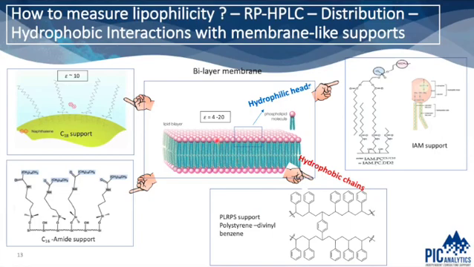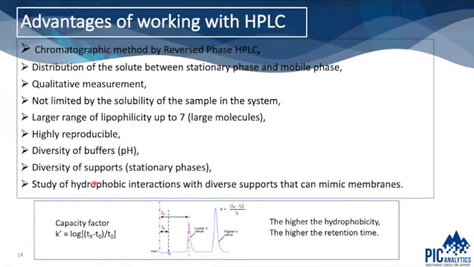So now I will describe more carefully the C18 and the C-amide supports and why chromatography. So chromatography will not be a partition, but it will be a distribution between two phases, the stationary and mobile phases. And what we study is hydrophobic interactions.